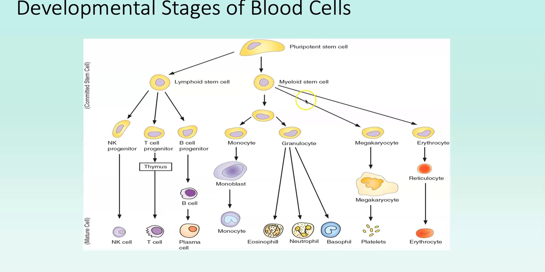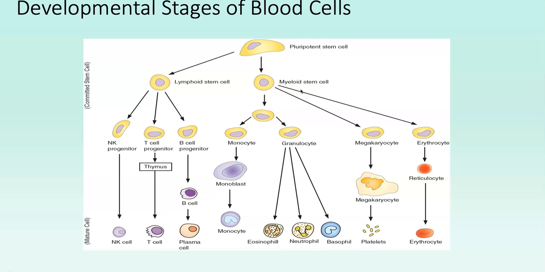As you can see in this chart, fairly quickly in the developmental process, the lymphoid stem cells, right here, will migrate to the lymphoid tissues, and that is where they will mature, while the myeloid stem cells stay in the bone marrow.